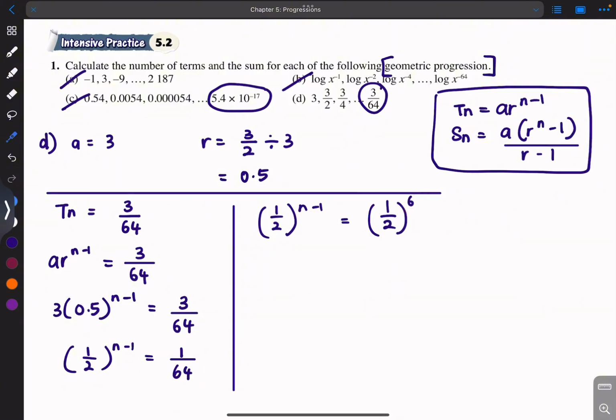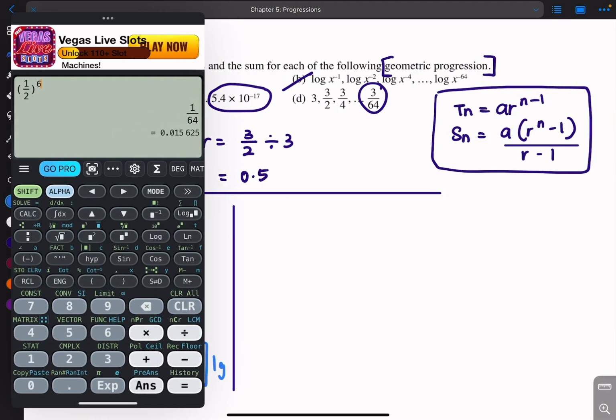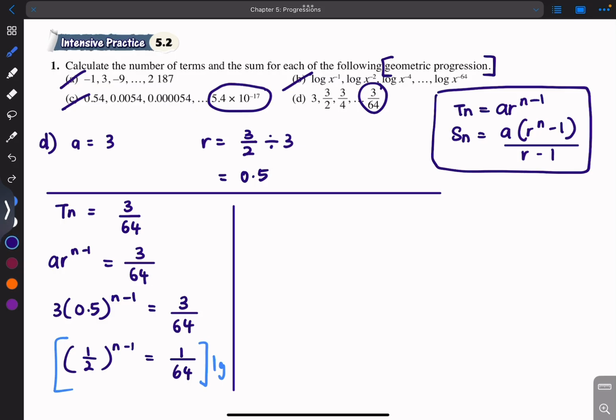Okay, but let's say if you don't know, what you can do is multiply by log and find. So we multiply both sides by log. So log (1 over 2)^(n-1) equals log 1 over 64.